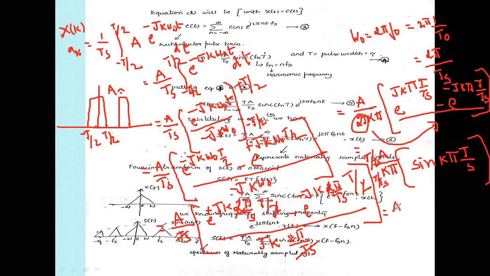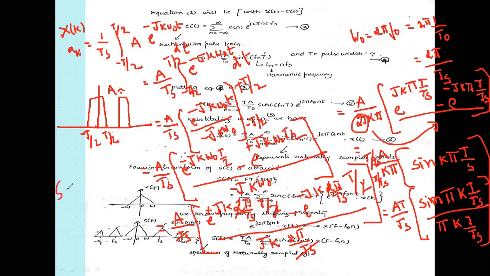Then it becomes A tau by Ts, sine of pi k tau by Ts, whole divided by pi k tau by Ts.